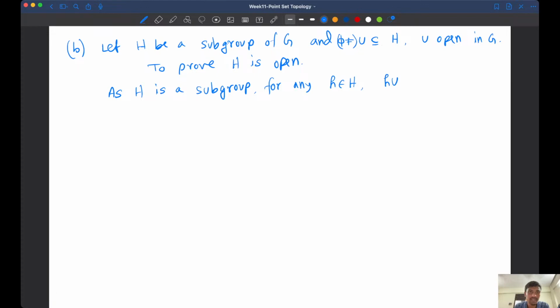Then I want to say that H is equal to the union over all those hU, h belongs to H. Now can I say this one? If I can say this one, then I'm done. U being open, hU is open.